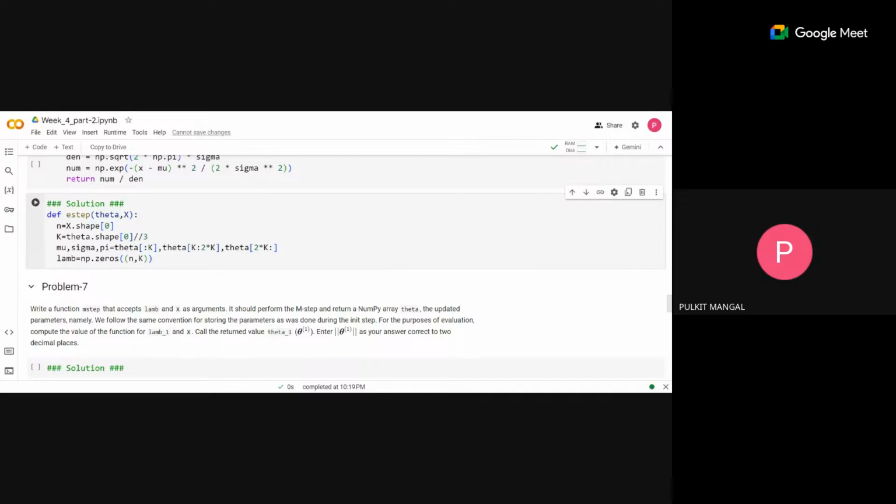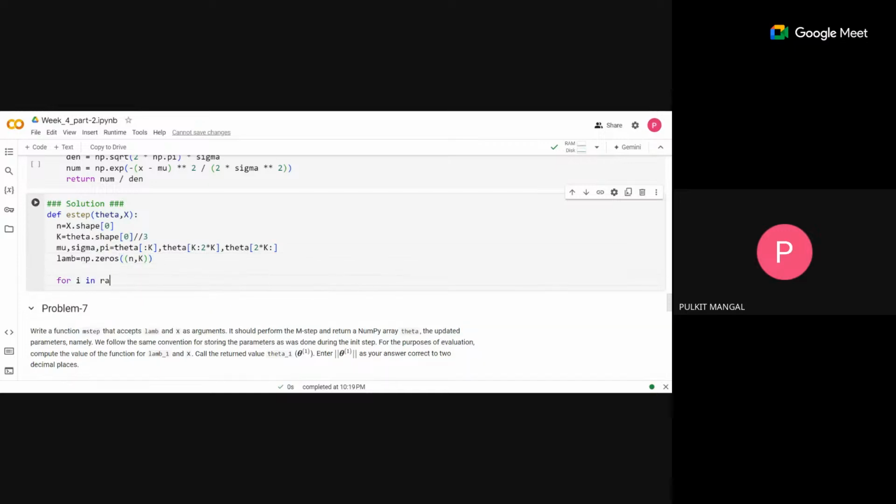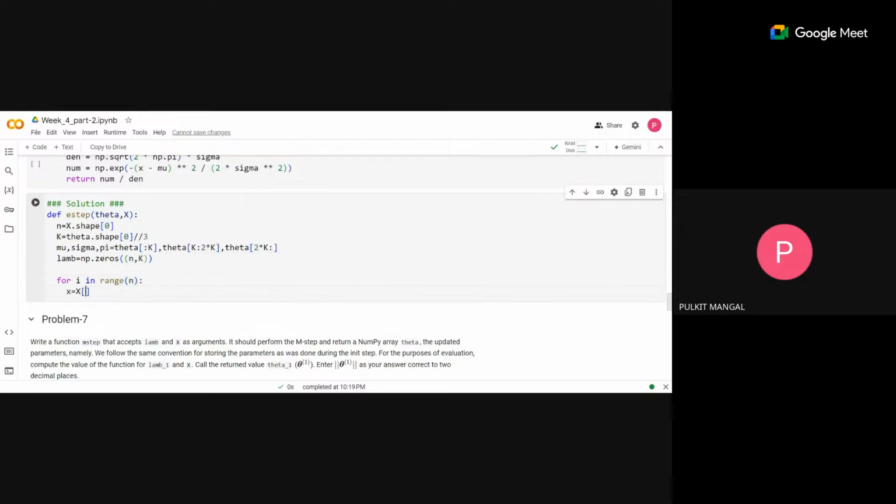Okay, so get back to the definition for calculating lambda ik. You can think of it as a posterior probability. So that is prior into likelihood divided by evidence. So for each xi, for i in range n, we'll first take each data point.